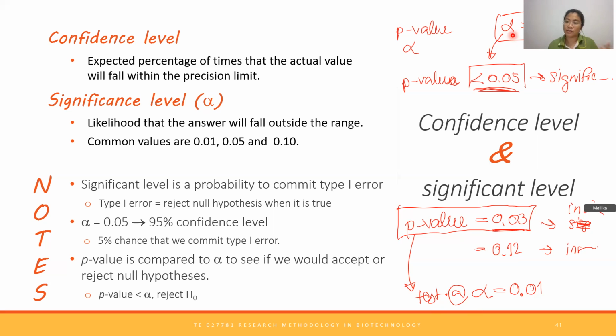So the p-value tells you the probability, but in order to say whether whatever you test is significant or not significant, it depends on the level of significance that you are testing at. But most of the time we use an alpha of 0.05 in testing.